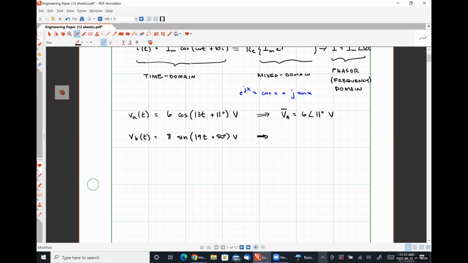So that's incorrect. It can't be 8 angle 50 because we have to shift the sine to a cosine. And we do that by subtracting 90 degrees from the phase angle. So it would actually be 8 angle negative 40 degrees. We could, wait, hold on. No, we can't. Negative 40 would be positive 320.